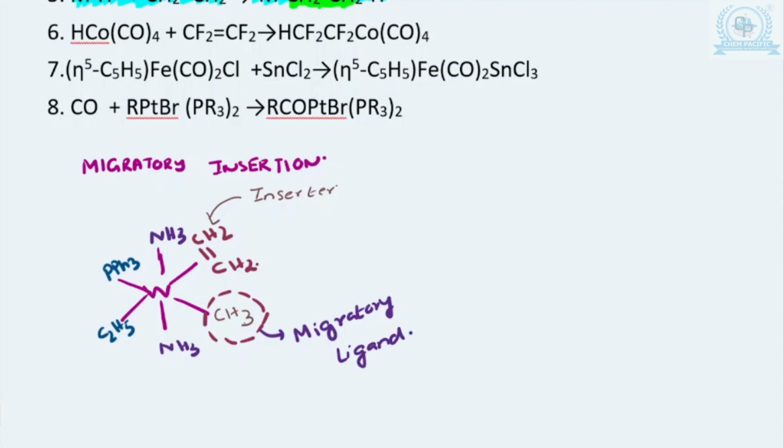Now this will get migrated over here, and this will get inserted. So if you follow it with isotope labeling, you can clearly understand this mechanism which will result in the formation of this. So these were the initial ligands.